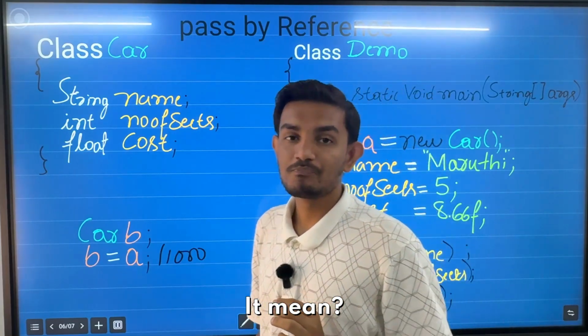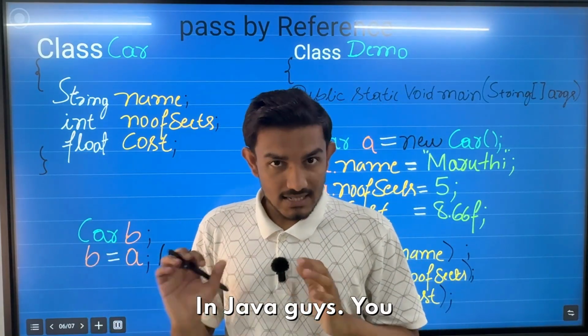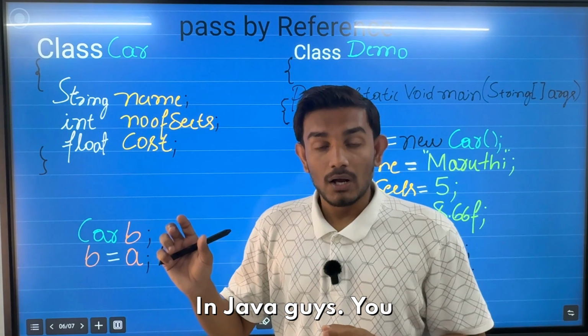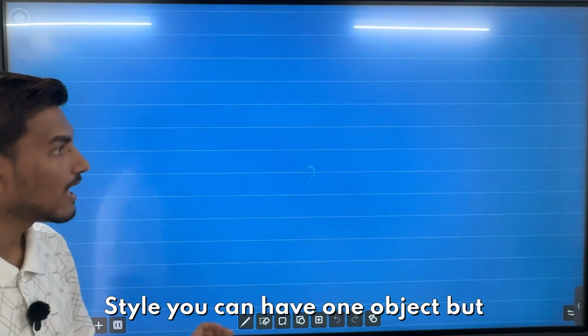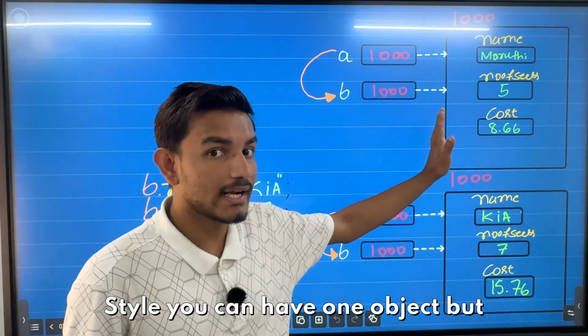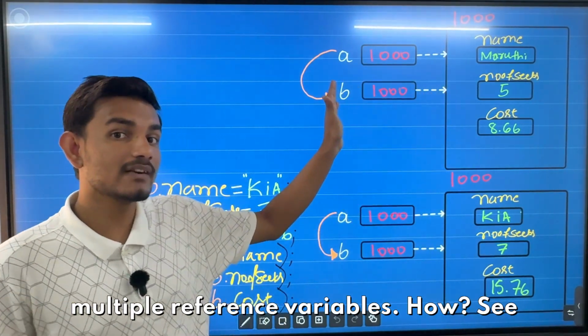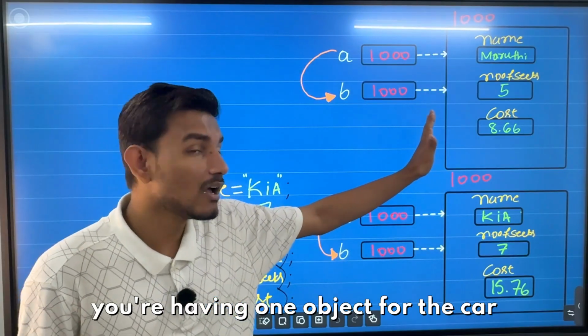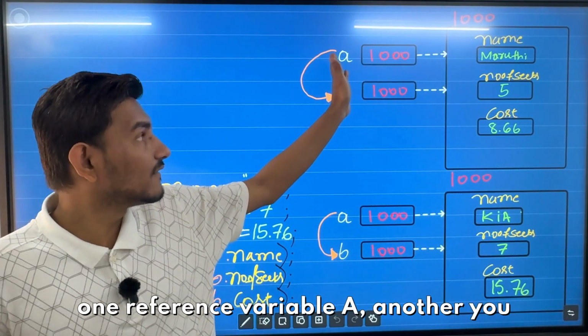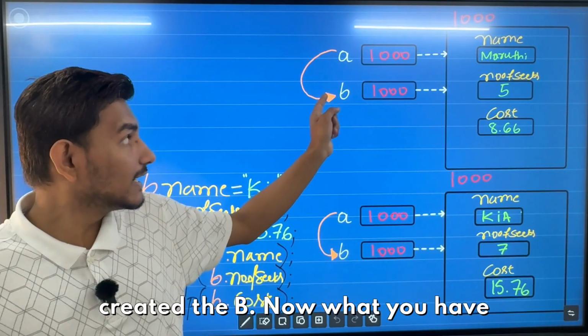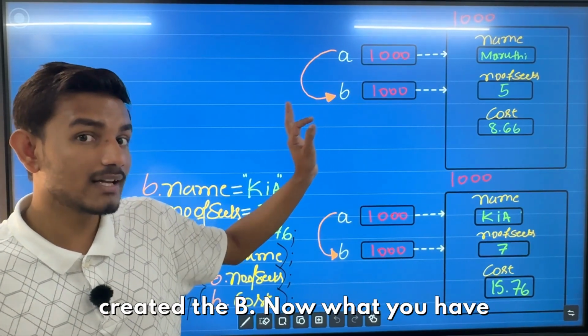It means in Java, guys, you can have one object but multiple reference variables. How? You have one object for the car object you created. You have one reference variable A, and another you created, B. Now, what have you done?